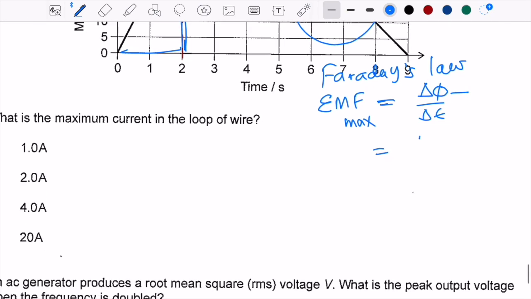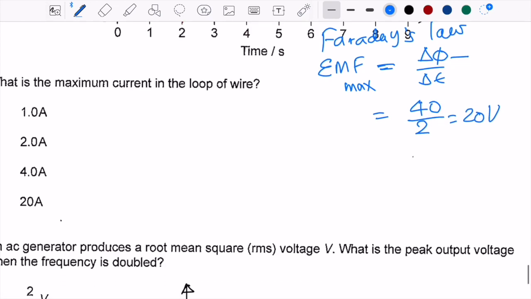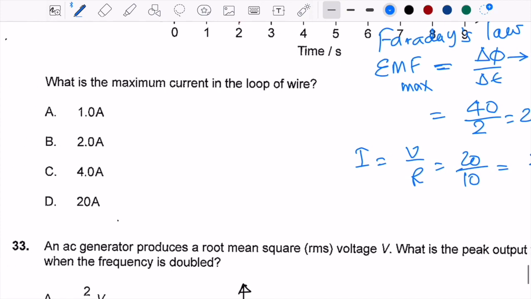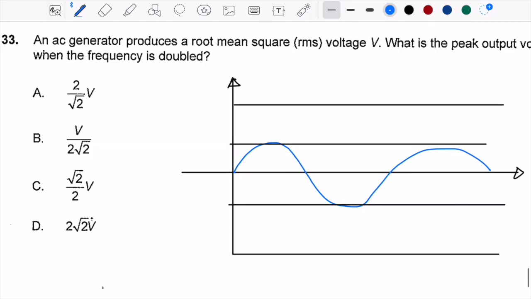So here it is 40 divided by 2, 20 volts, because the number of turns is 1. Current is voltage divided by resistance, 20 divided by 10, 2 amperes. Answer should be B.